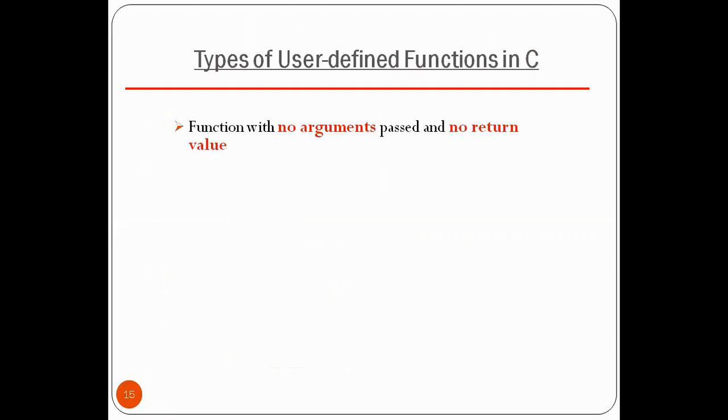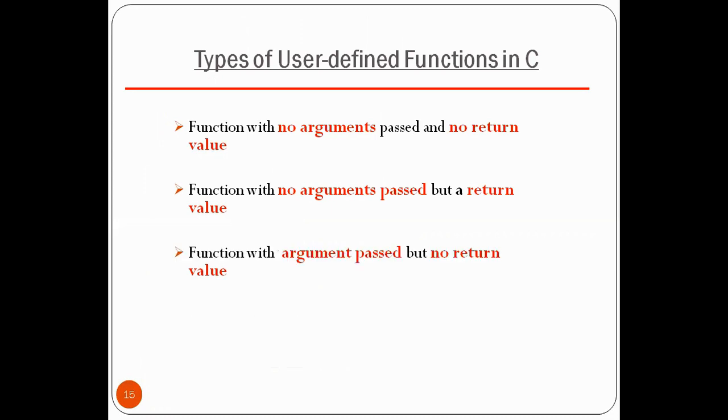They are: functions with no arguments passed and no return value; second, functions with no argument passed but a return value; third, functions with argument passed but no return value; and the fourth one is functions with argument passed and a return value. So depending upon these two things, we have divided the user-defined functions into four categories, and we will discuss these with examples in the coming slides.